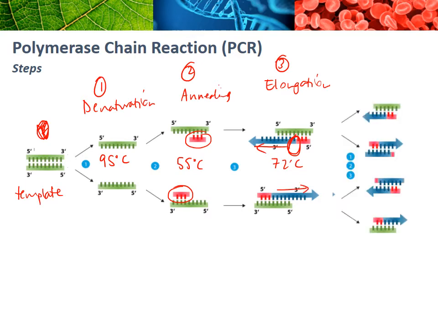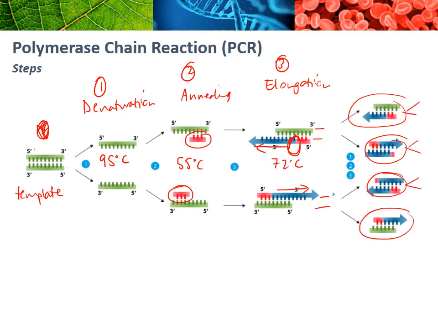And then we can repeat that cycle. So that is now showing that we've separated these two strands and these two strands. So now we've got four templates, and we're going to make 8 copies. Then we could do the same with each of those.